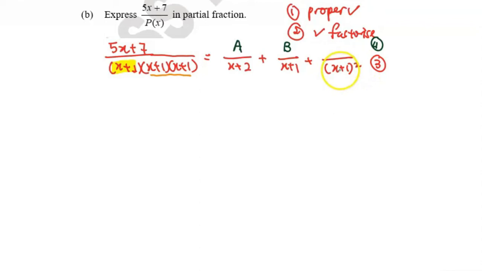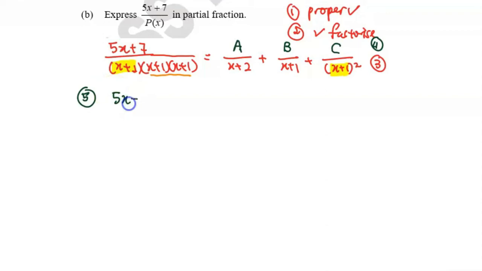Quadratic factor means the factor cannot be factorized anymore. You will see inside here, this is a linear factor, x plus 1. Therefore, for the numerator, we will select a constant C. Then we continue to step number 5. We are going to equal the denominator so that we can get an equation.